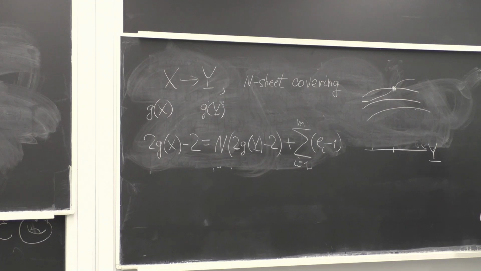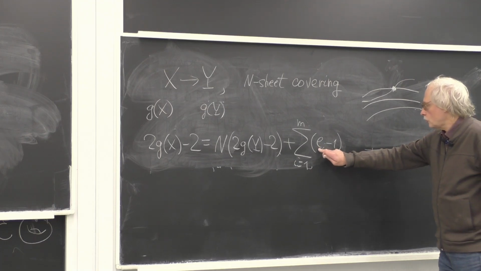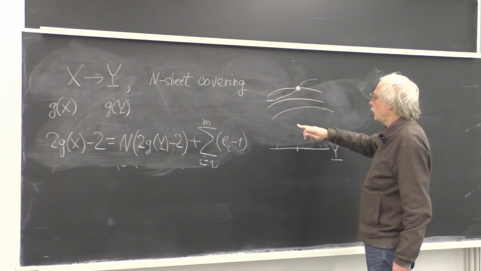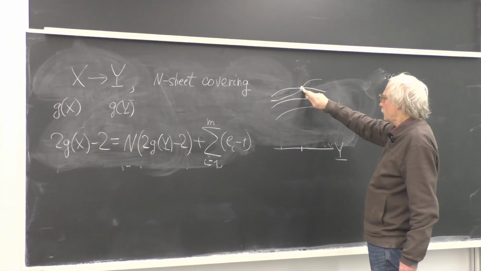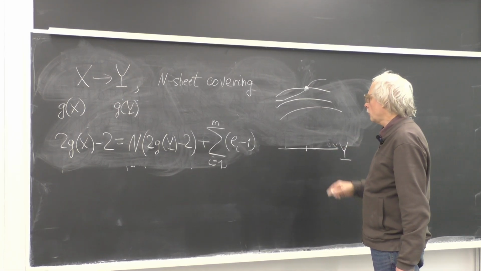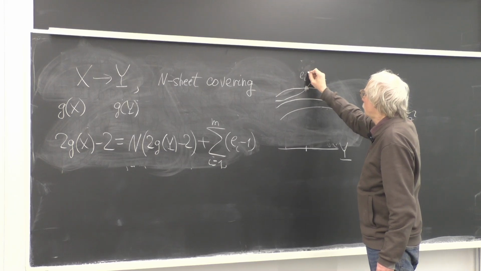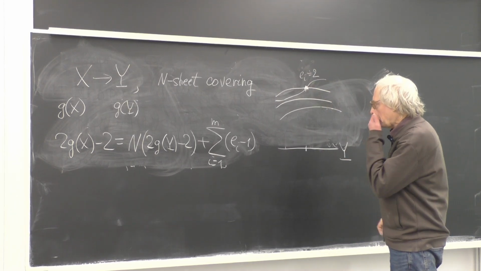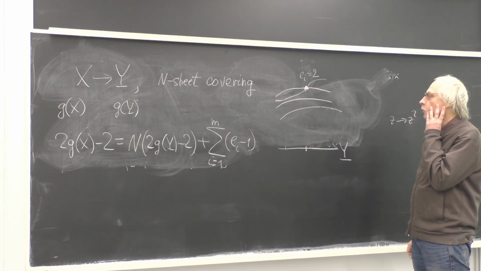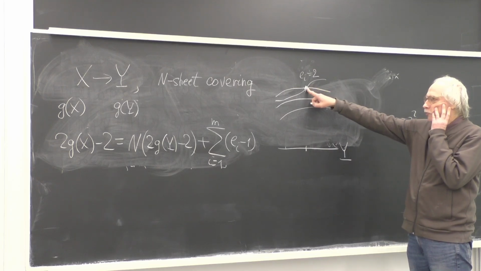And this index is equal to 1 when the point is not a ramification point, and for simple ramifications, when two sheets meet together, this corresponds to the value of e_i equal to 2. And this is the case of general position.